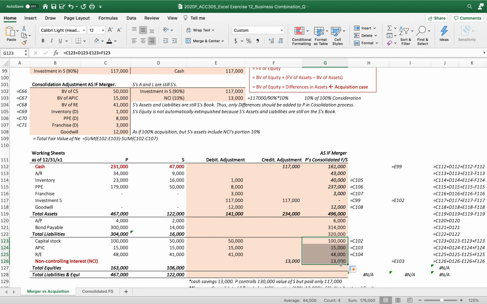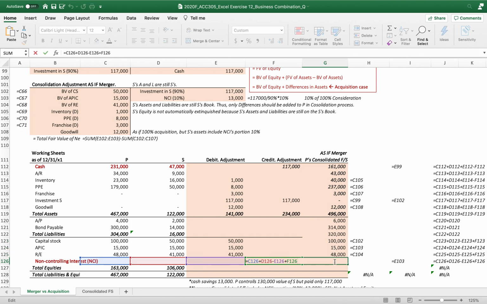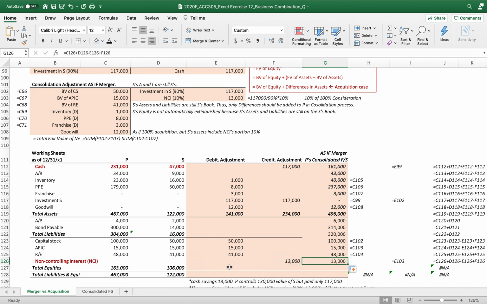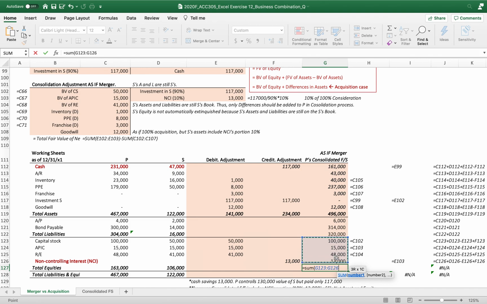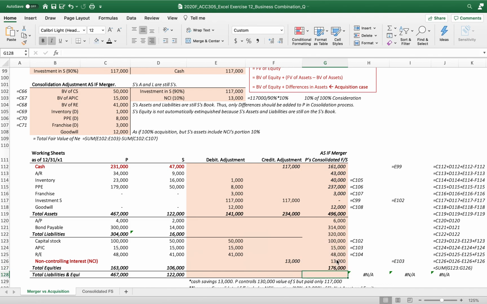So we have now total equity here. Let me just sum up this total equity. So 176 is the total equity as if merger cases or 100% consolidation, the acquisition cases on the P's consolidated financial statement.